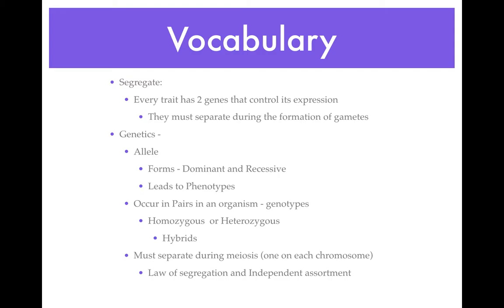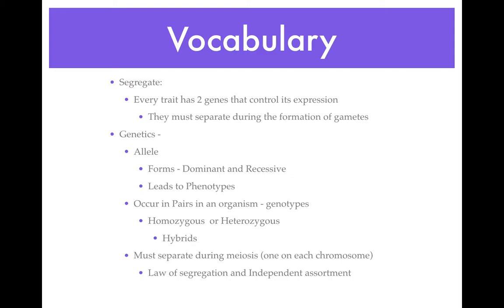One of those alleles might be dominant and one might be recessive, but the way those two alleles interact with each other is going to give you hair color. And your hair color is your phenotype. So a phenotype is always going to be an adjective that describes a trait. Tall, short, green, yellow.